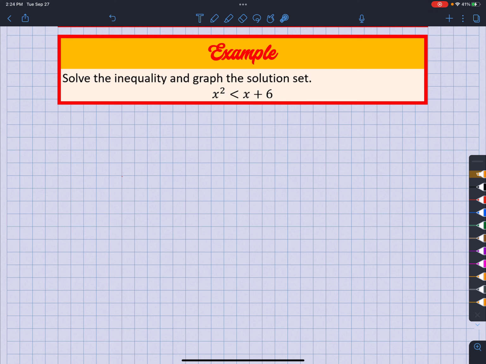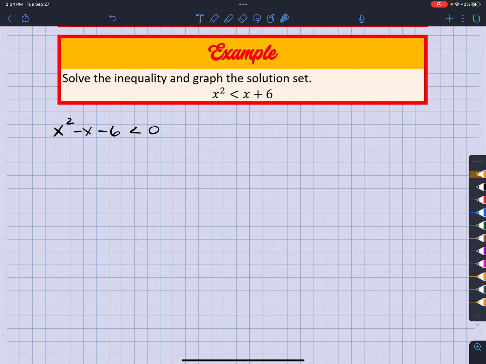This way I know what's below the x-axis, which is negative y values, and what's above the x-axis, which is all the positive y values. So let's bring everything to the left side, because the x squared is already positive there. I subtract the x, subtract the 6, and that's going to be less than 0. So the question is, when is this quadratic less than 0?